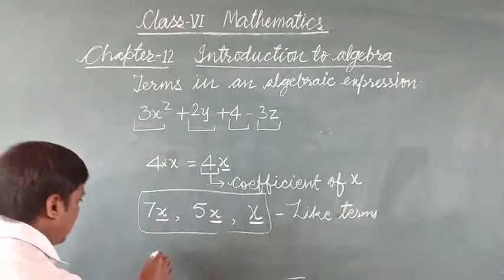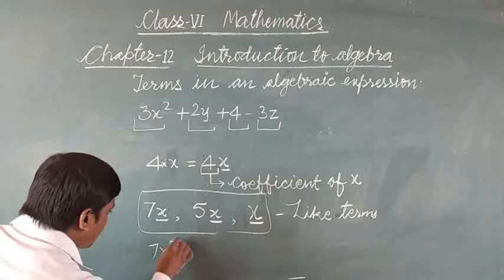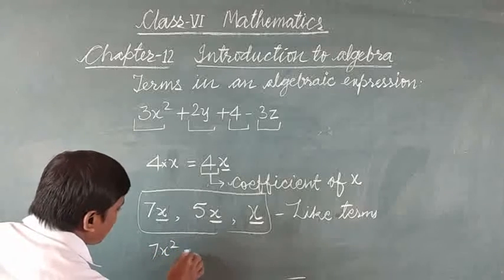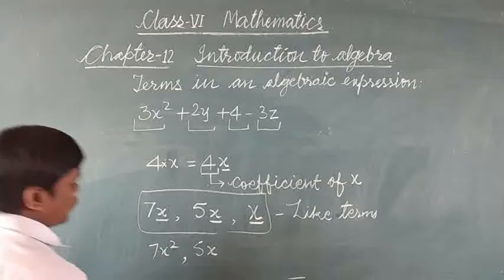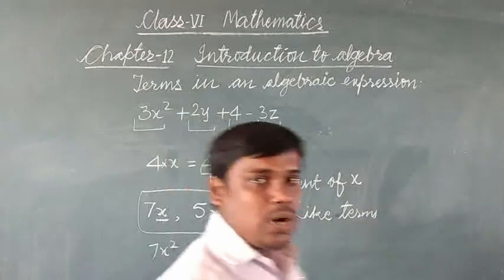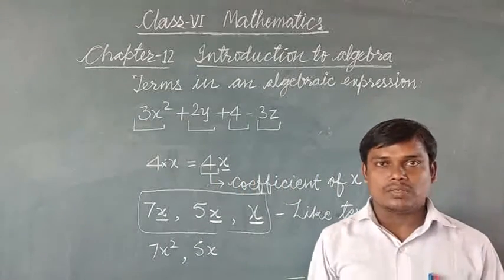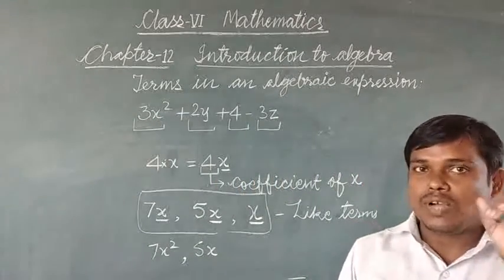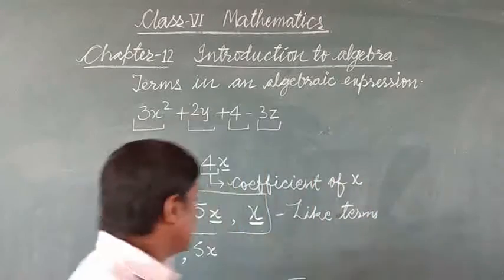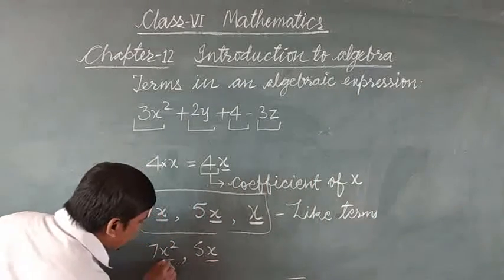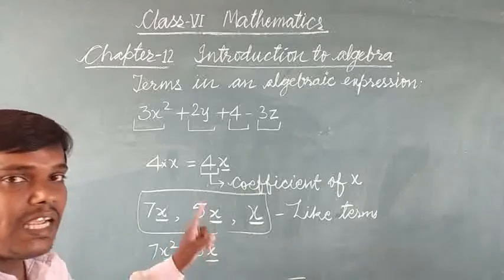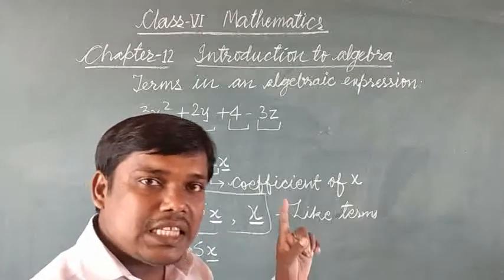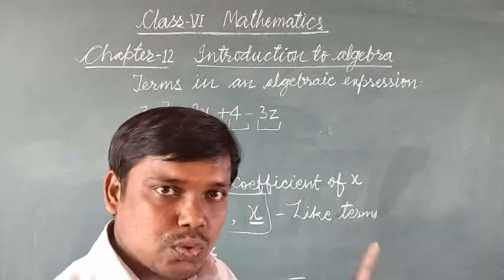Now, with this example, 7x square and 5x. What about these two? Are these two like terms or not? In this case, you have to remember that we have the same variable x, but the power of the variable is different.